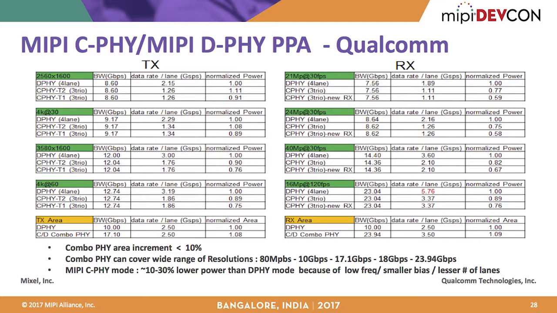The C-PHY is actually thanks to the encoding efficiency. So even at the same toggle rate, let's say 3.5 giga, it can support higher resolution cameras. For example, these days 16 megapixel, 120 frames per second. That does require 24 gbps.